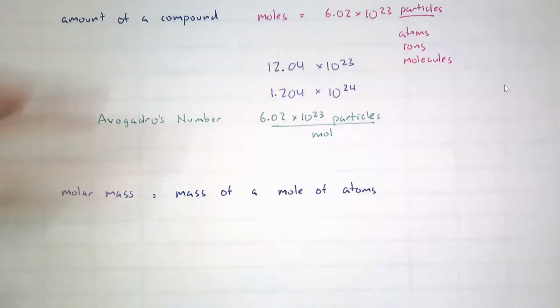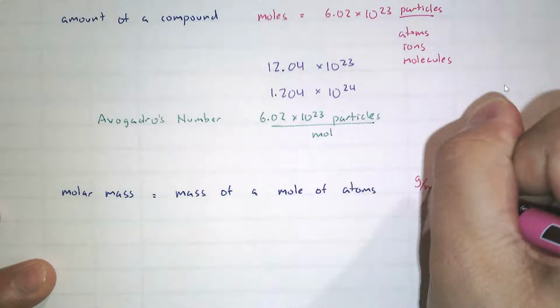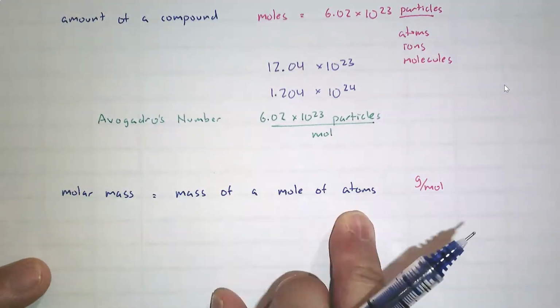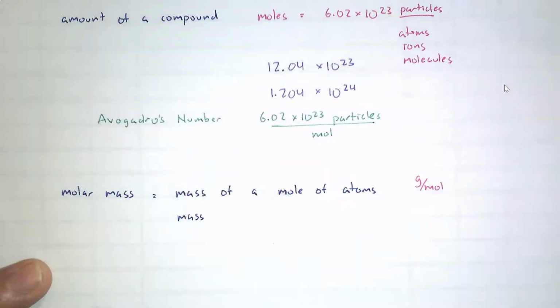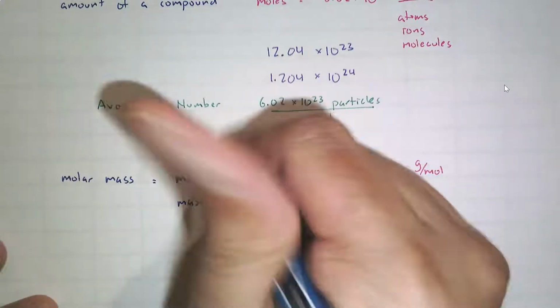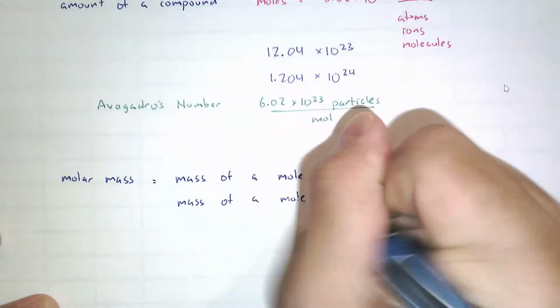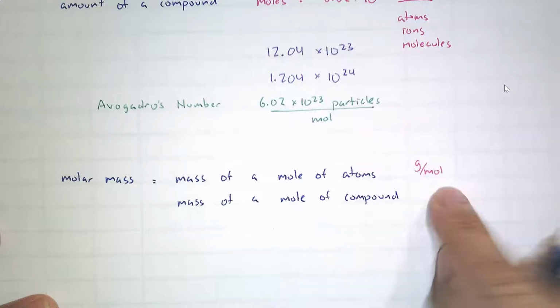So there are units, and it's going to be grams per mole. But not only could we get the molar mass of atoms, we could get the mass of a mole of a molecule or compound. And it's going to be grams per mole.